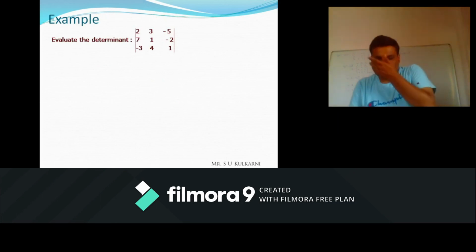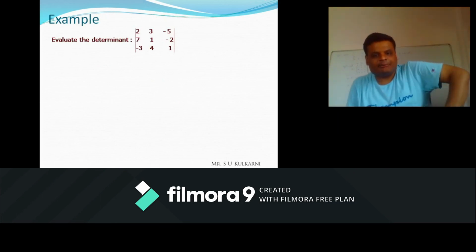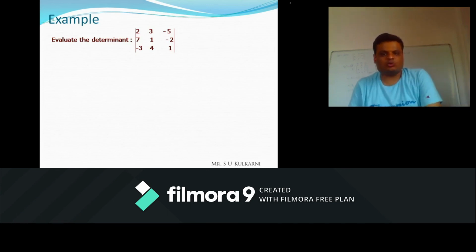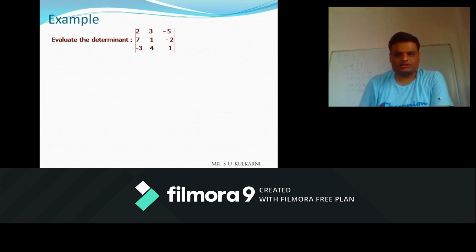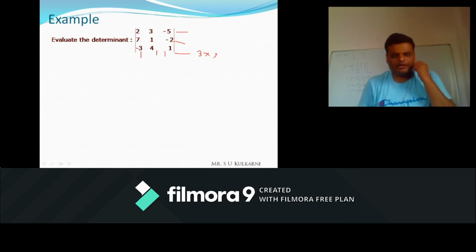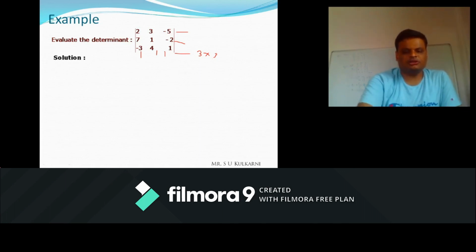So we have one example, that is 2, 3, minus 5, 7, 1, minus 2, minus 3, 4, 1. Here you have 3 rows and 3 columns. So the order of this determinant is 3 by 3. Now here is the solution.